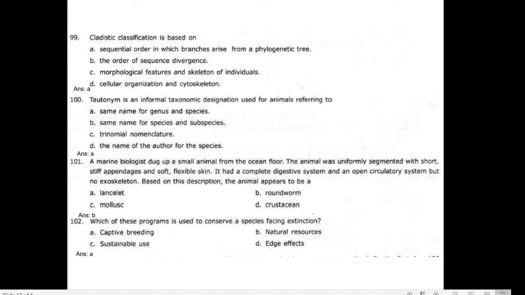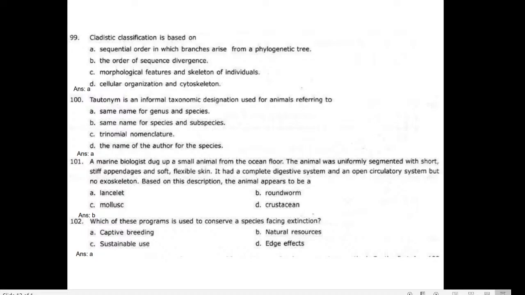This word is a new term to many people. It is where the same word explains both the genus and the species. For example, if a plant name is like Andrographis paniculata, the first part of the name is the genus and the second is the species. In a tautonymy, both names are similar.